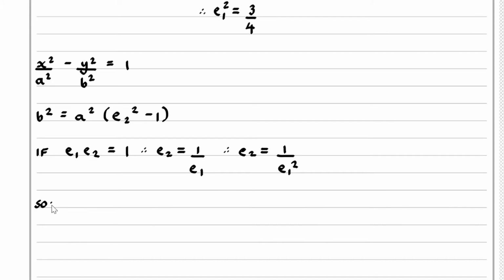we have b squared equals a squared multiplied by e2 squared subtract 1. Now e2 squared, we've just said that's the same as 1 over e1 squared, and then we subtract 1.